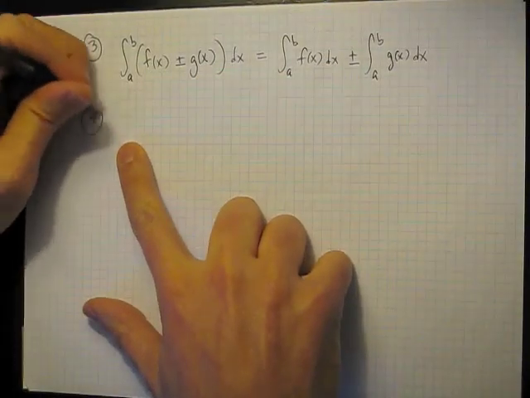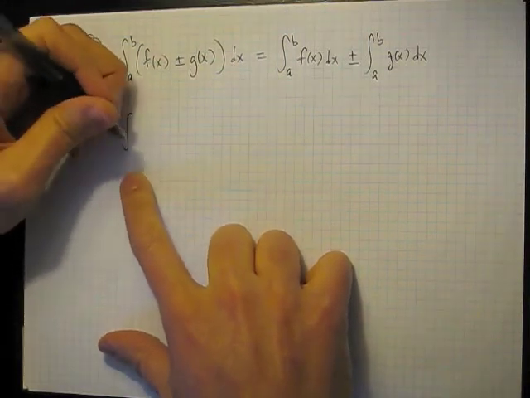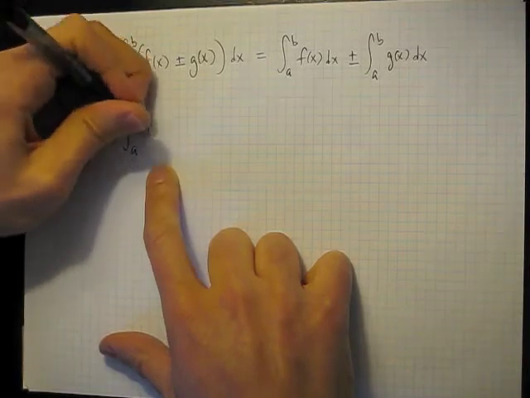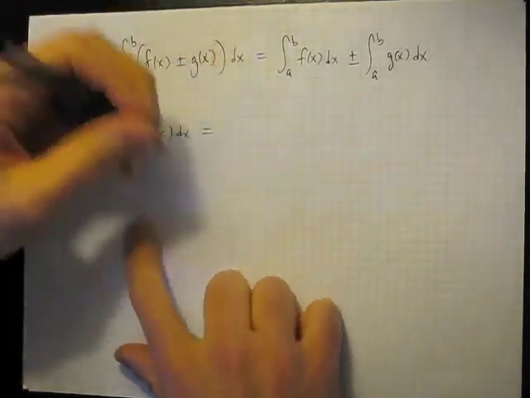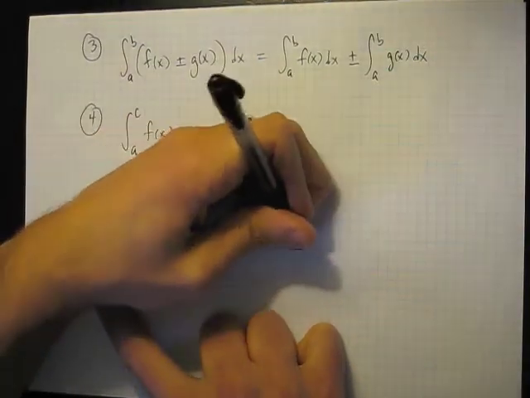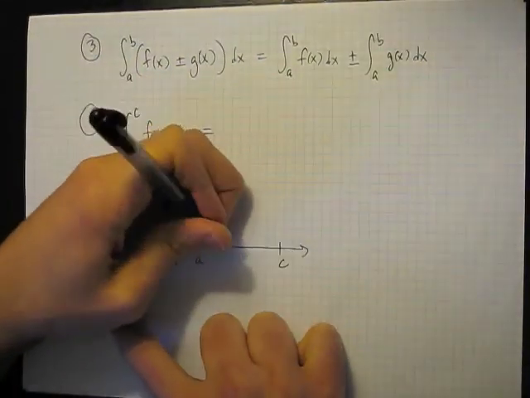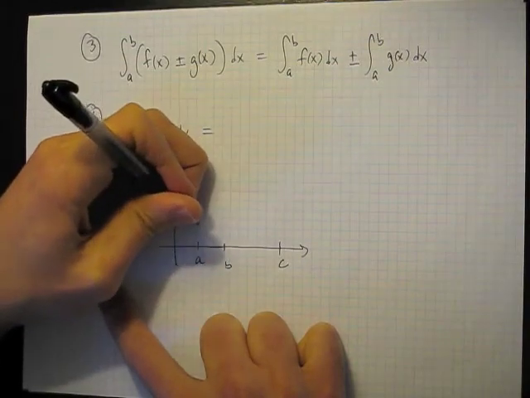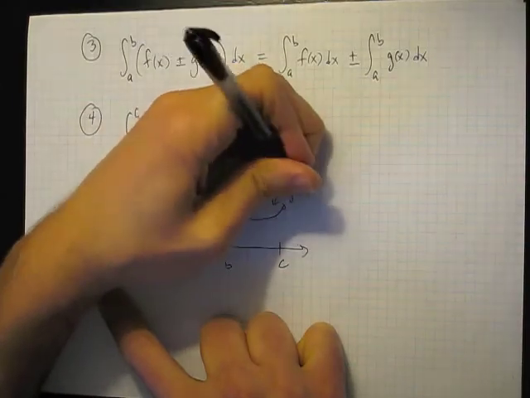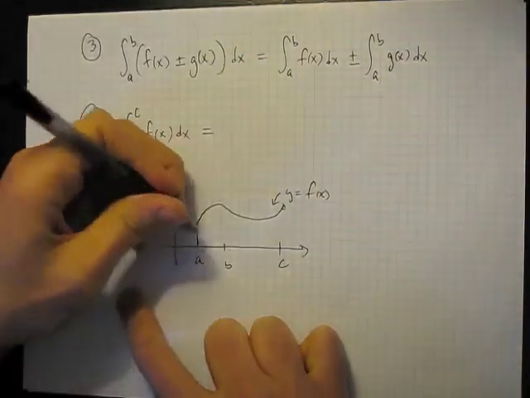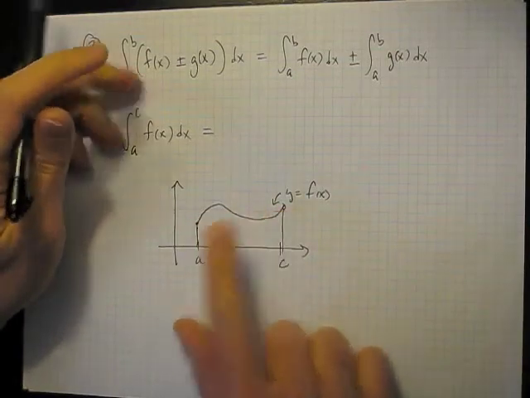So if you're adding or subtracting 2 different functions inside of the integrand, then you can split that integral into 2 pieces. Okay. Another case, if you're integrating from a to c, and you take b to be any point in between a and c, so let's say this is the graph y equals f of x. So the integral from a to c will be this whole area here.